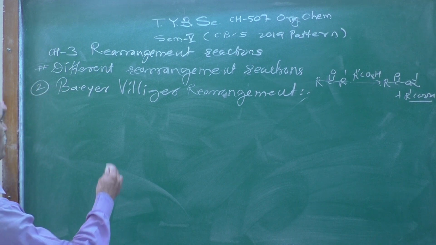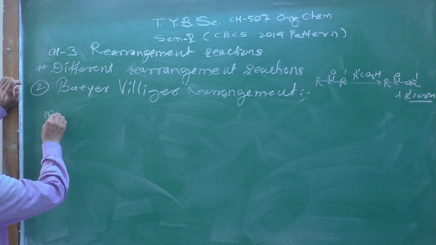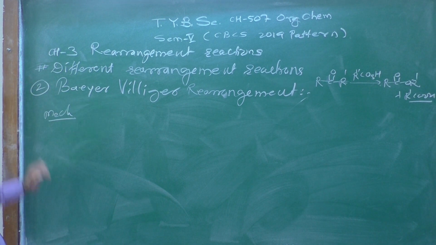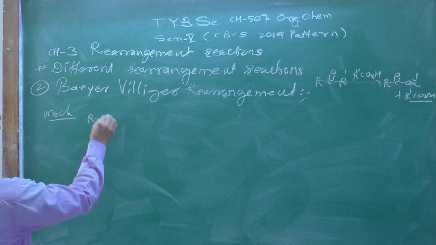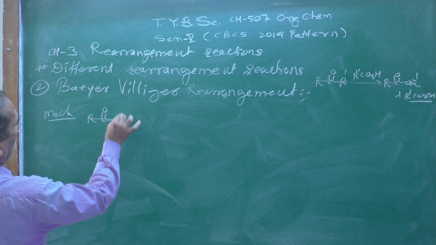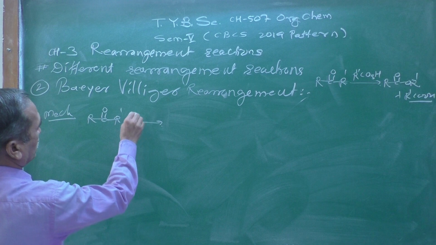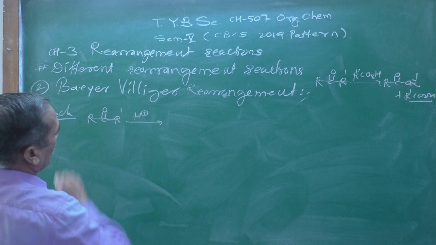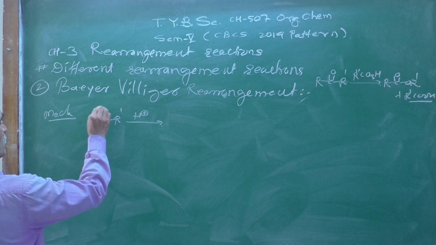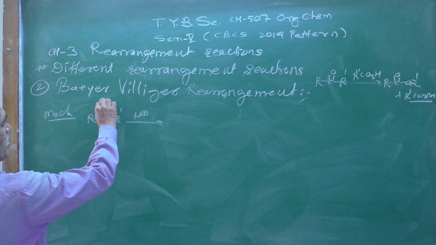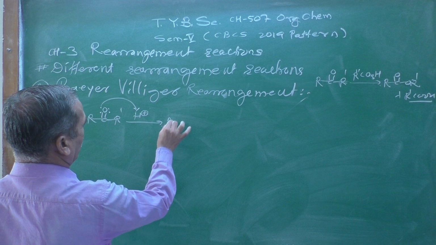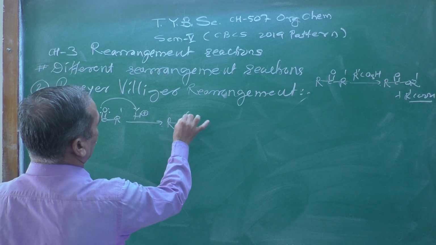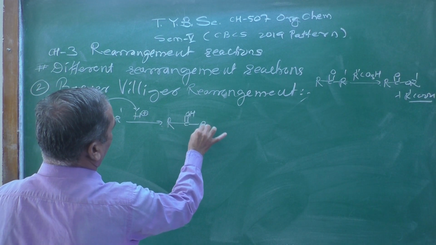Now remember the mechanism, now I am showing it here. Watch this mechanism carefully. Here R C double bond O R dash: first, the acid gives a proton, so the lone pair on the oxygen atom can pick up that proton, and you will be getting R C double bond O H and R dash.